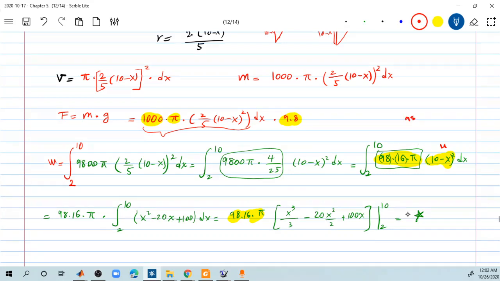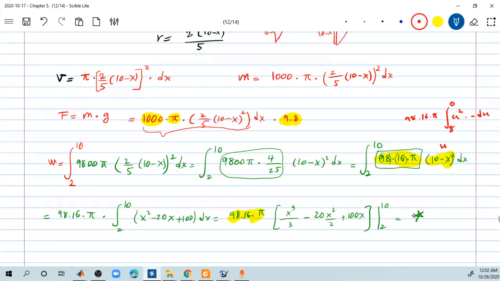What you would get is 98 times 16 times pi multiplied by the integral of u squared, and dx would change to negative du. The integral would be, instead of from 2 to 10, from 0 to 8, which basically cancels out the negative.